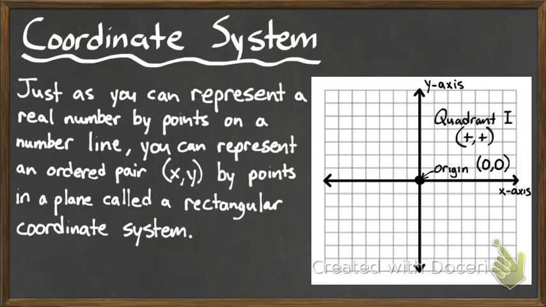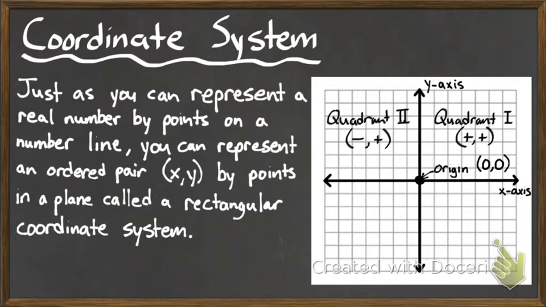Now, from here, we're going to be going in a counterclockwise direction. So we'll be moving left to our top left quadrant, so quadrant 2. In quadrant 2, our coordinates for x are negative, and our coordinates for y are positive because we're going left and up from our origin.